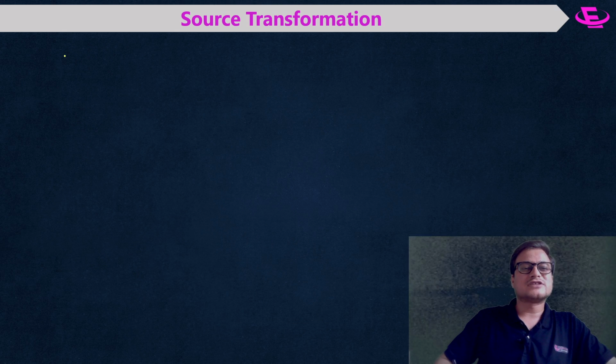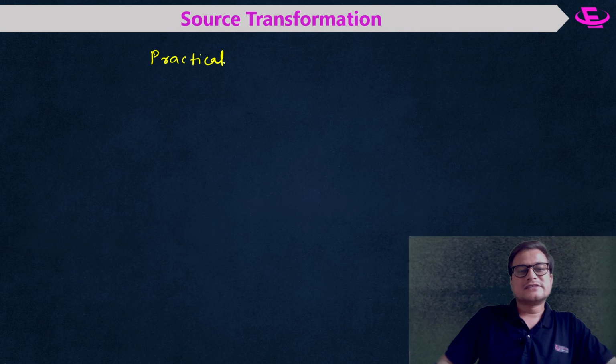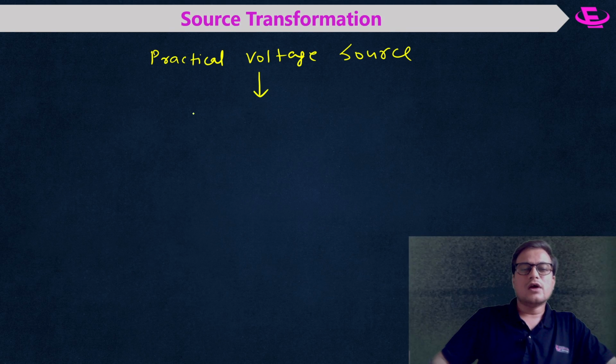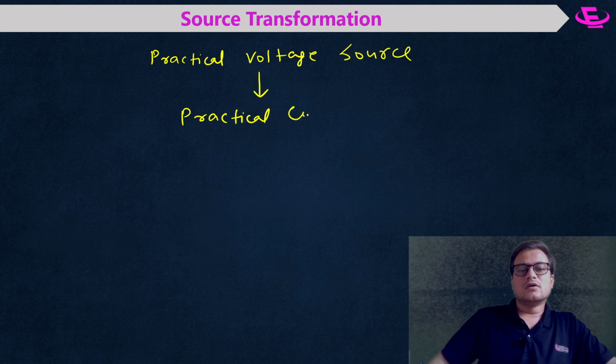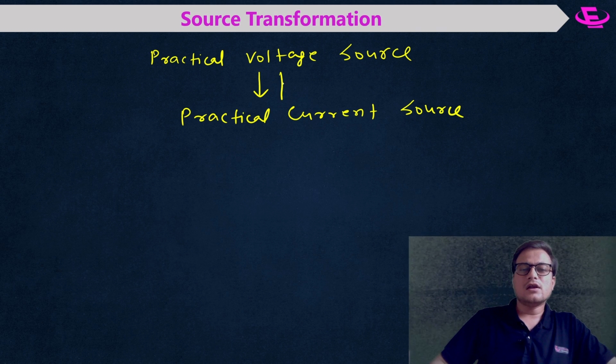Next one is source transformation. This is a very basic and very important topic. What it says is that a practical voltage source can be converted to a practical current source, and the same way a practical current source can be converted to a practical voltage source.